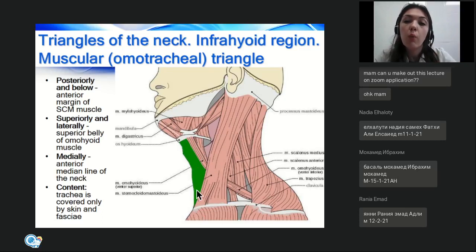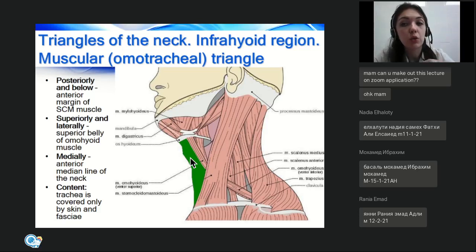It is named the omotracheal triangle because in this triangle the trachea is located, and here it is covered only by skin and fascia. Sometimes, when there is obstruction of the upper respiratory tract, for example a foreign particle that doesn't allow a person to breathe normally, we have to perform a procedure named tracheotomy.